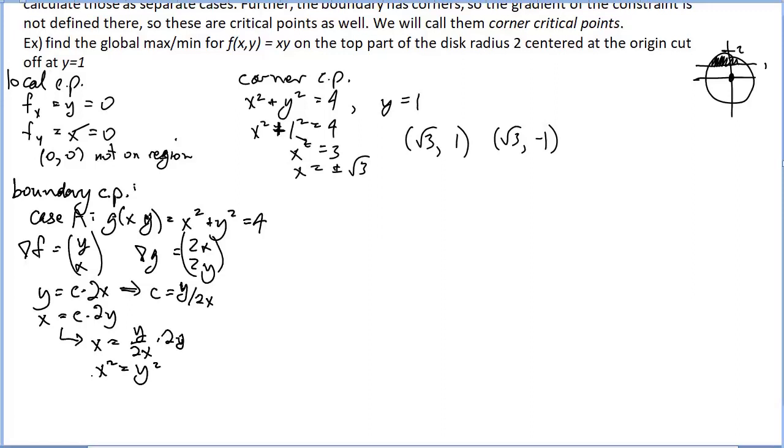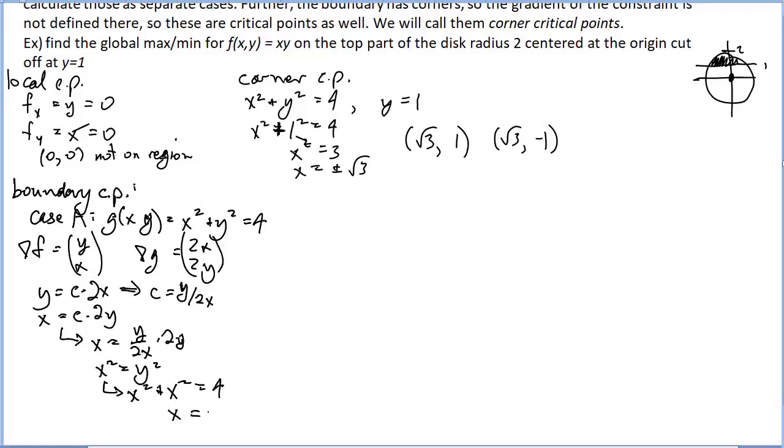If x squared equals y squared, then notice that we can now plug this into the constraint equation, because the constraint equation just says x squared plus y squared equals 4. So now plugging that in, we get x squared plus x squared equals 4. Solving for x, x squared must be 2.